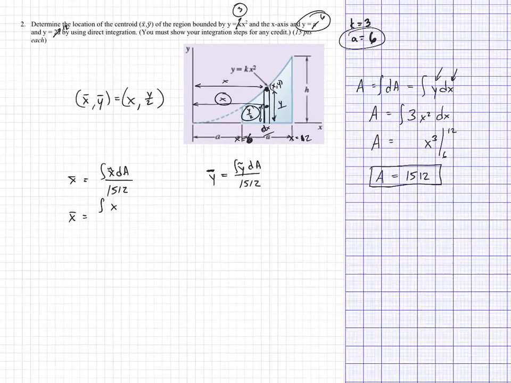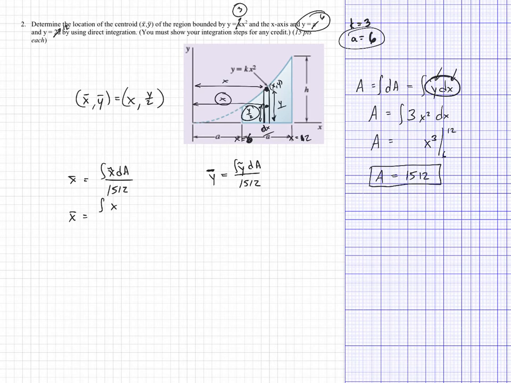For dA, I'm going to do it just like I did over here, which is y dx over 15, 12, right? Since we're here, I'll go ahead and set the other one up, because after that, it's all just, you know, calculus. So we'll integrate, so the y tilde is y over 2. And then the dA is y dx over 15, 12.